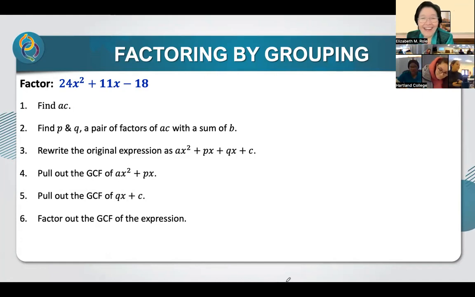Let's do mental math here. 24 times 18, right? 432. Then think of factors of 432 so that when you add them, it will be 11.